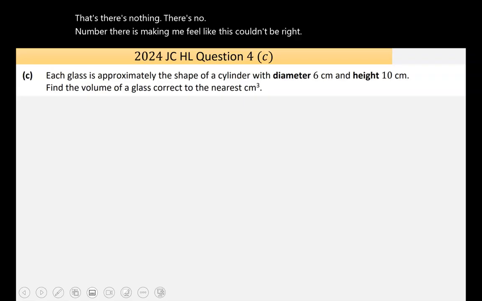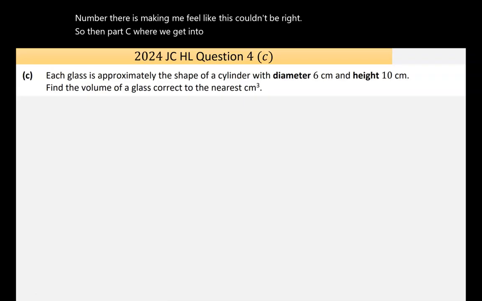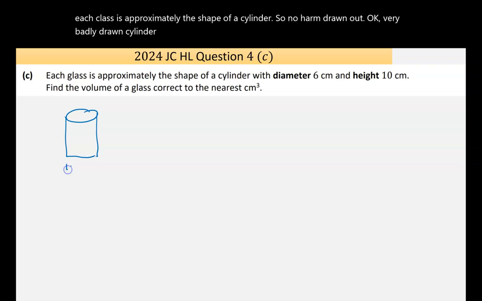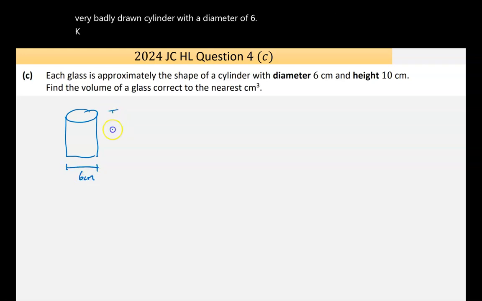So then part C, where we get into the area and volume part of it. Each glass is approximately the shape of a cylinder. So no harm drawing it out. A very badly drawn cylinder with a diameter of 6 centimeters and a height of 10.